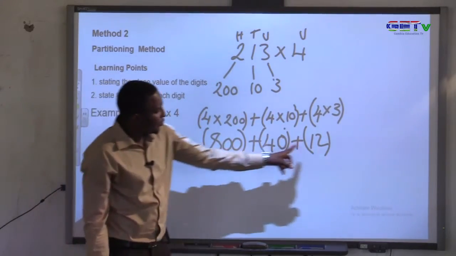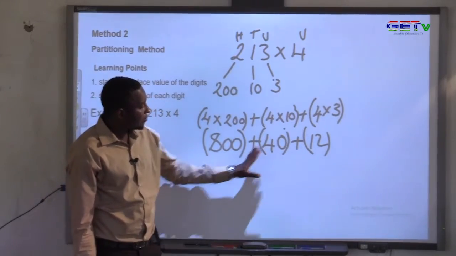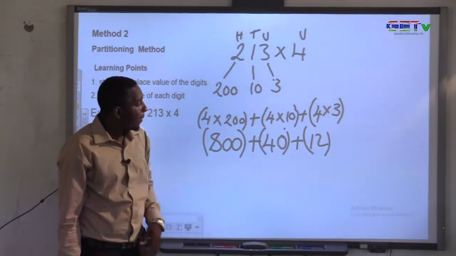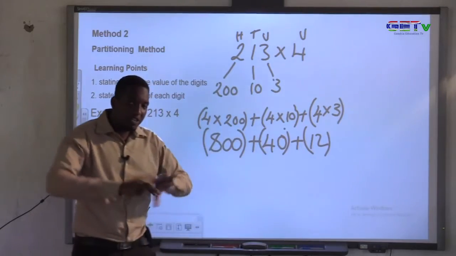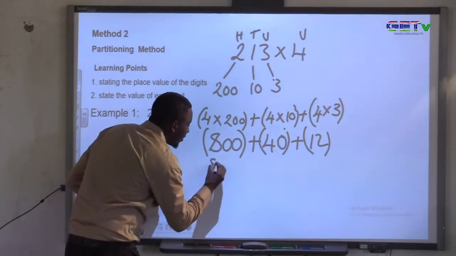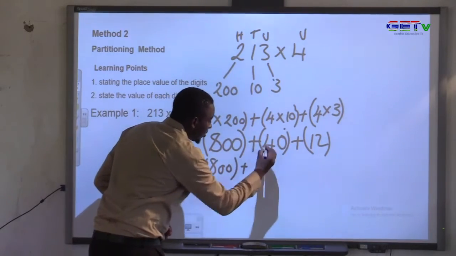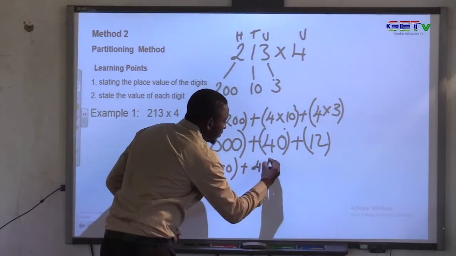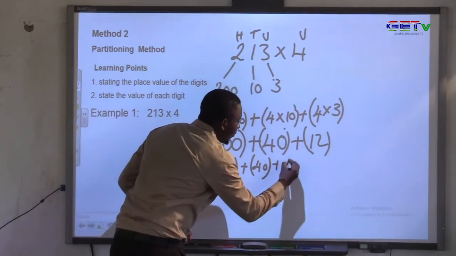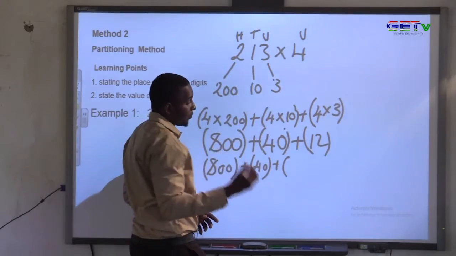But look at these two brackets. 40 is here and it is a 10. Here we have 12. It means we can separate it. We can have that as 800 plus 40 plus, here remember 12 has two place values.